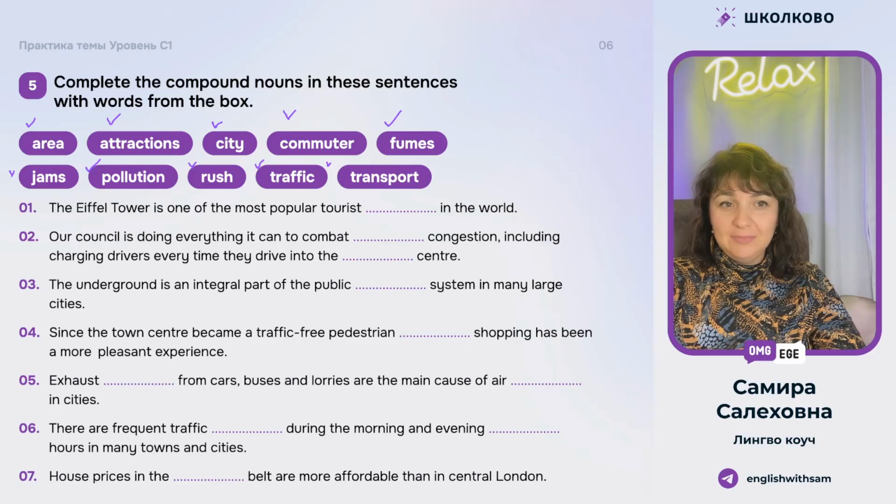So number one, the Eiffel Tower is one of the most popular tourist something in the world. We had it already.